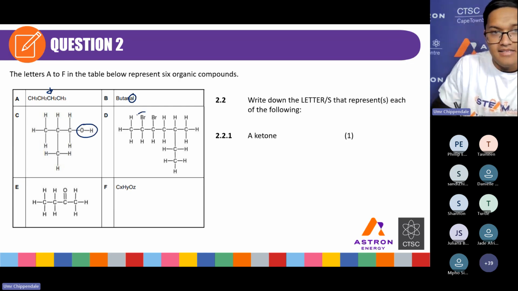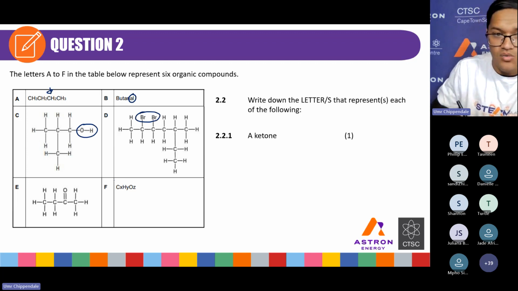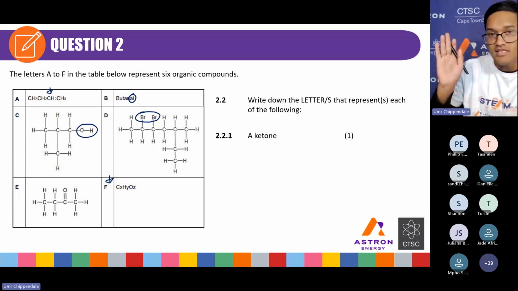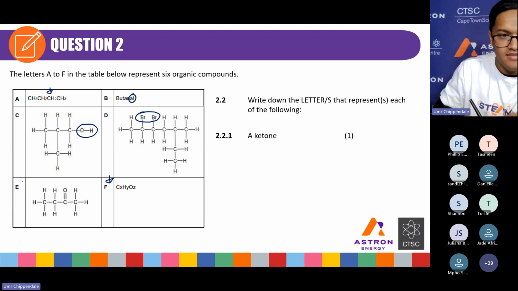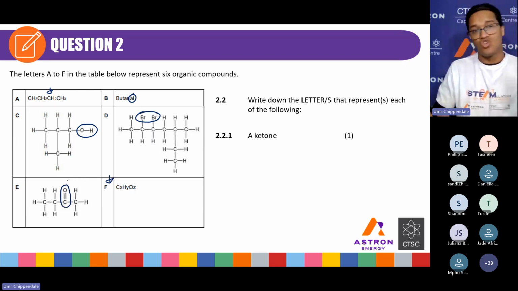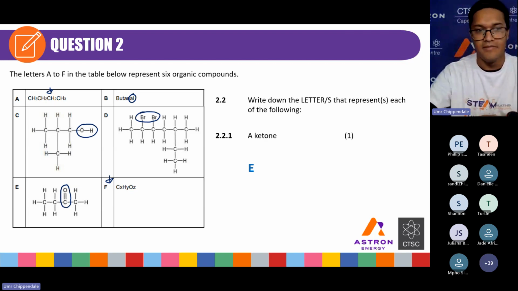This has halogens attached, so it is a haloalkane. We don't know what F is yet, and they're not asking us about that, so we don't have to worry. It's only one mark, so it leaves only E. But is it really a ketone? Well, we see we have our C=O group within the chain. It's not at the end. So therefore, we can say the answer is E.